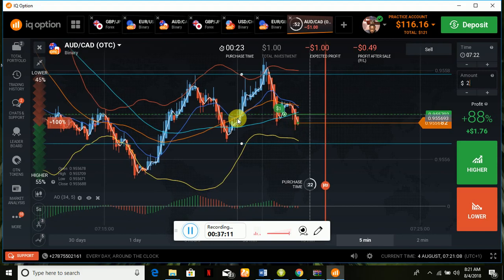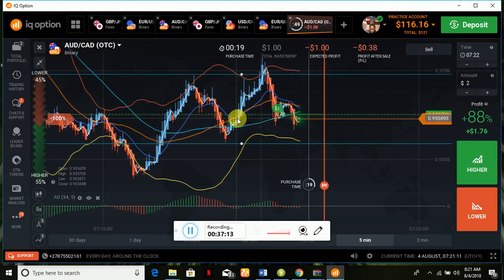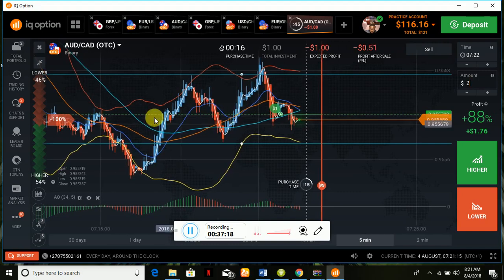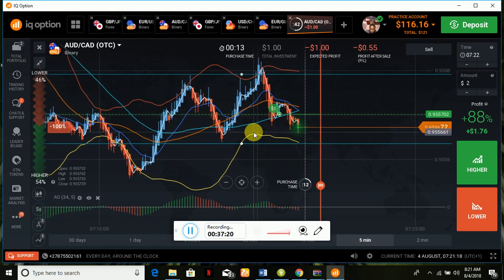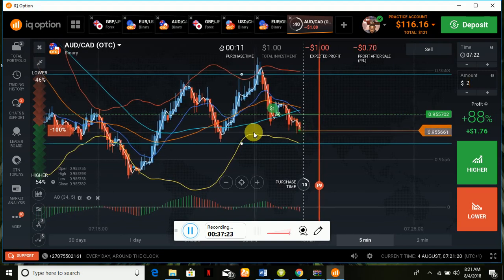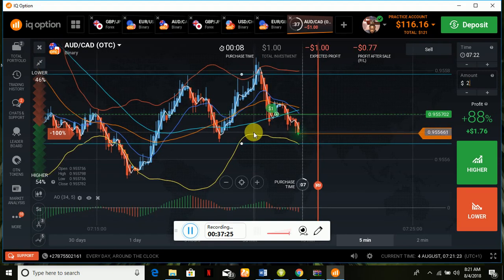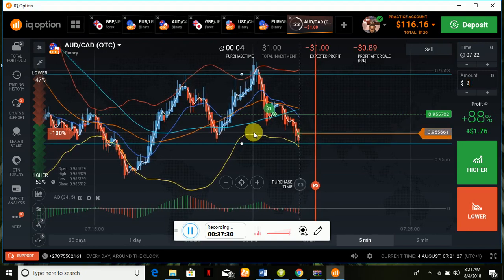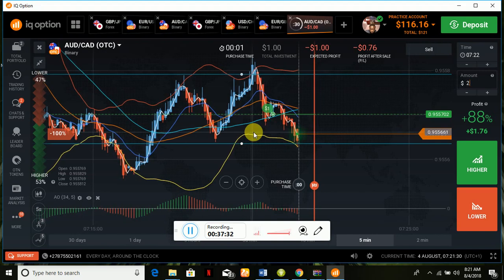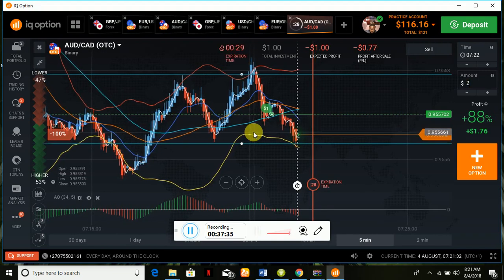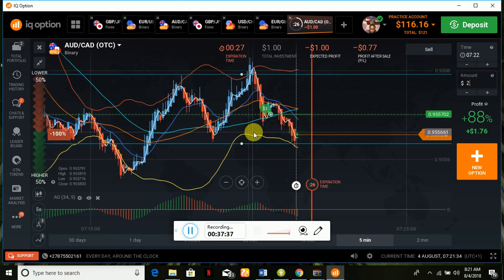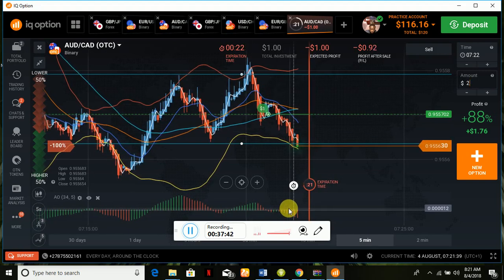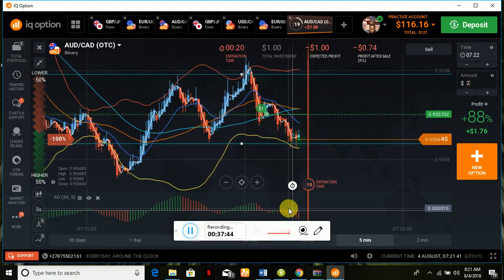Okay, that looks like it's gonna be a loss, but we wait. We don't make any move. We are looking for a selling opportunity now, since it has gone below this line again, and the conditions at the bottom tell us that we have to sell.